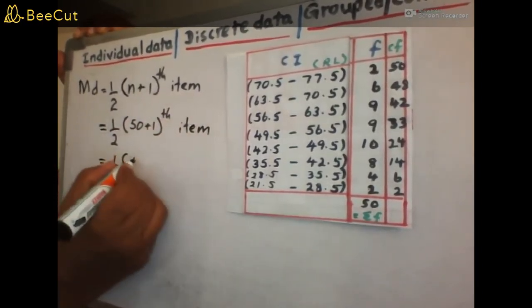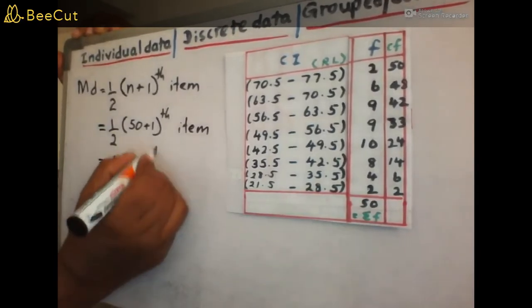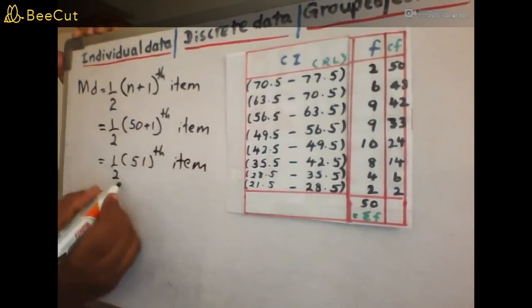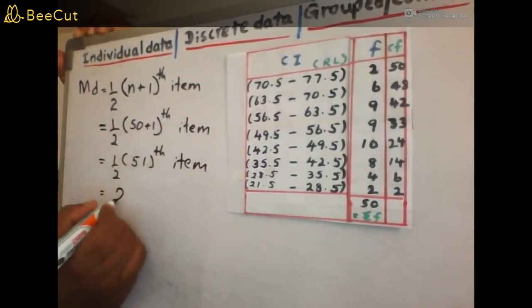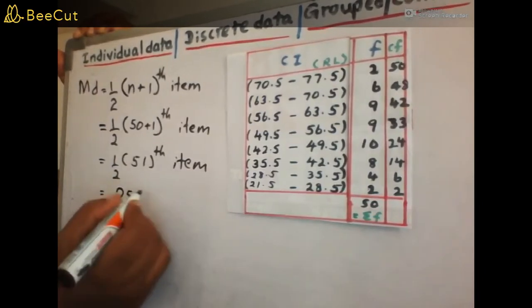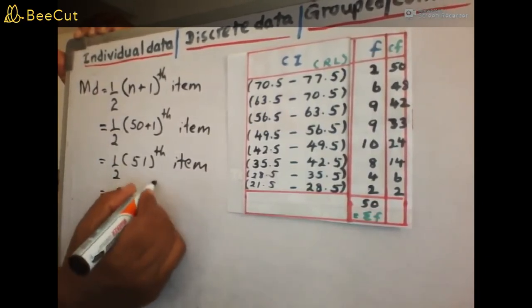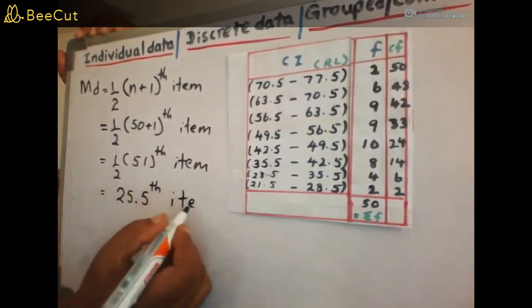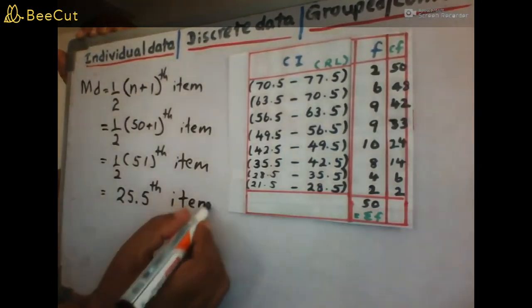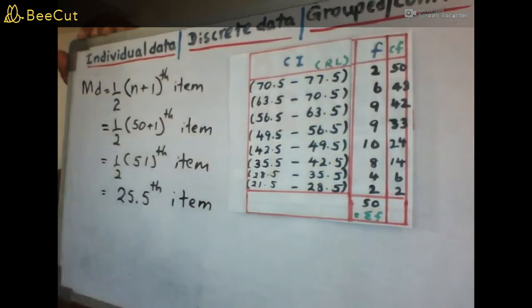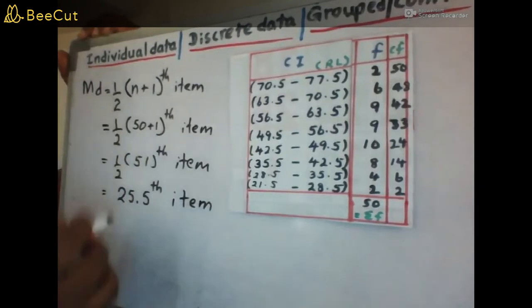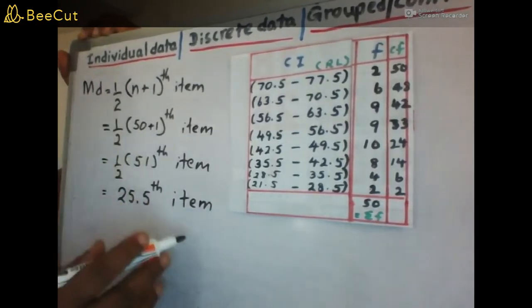Half into 51. 51 divided by 2, that is 25.5th item.